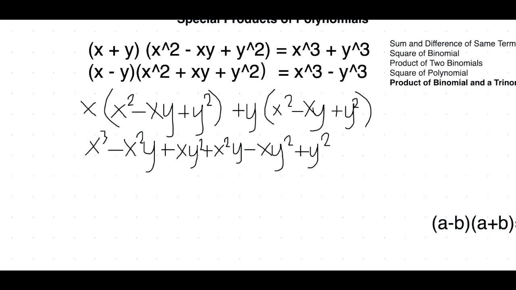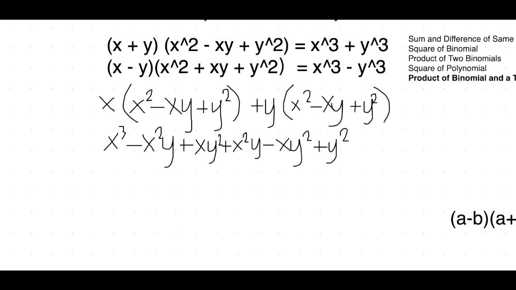And so looking through the terms that we have, we can see that we have a negative x squared y and a positive x squared y, and that we also have a positive xy squared and a negative xy squared. So these are going to cancel each other out.